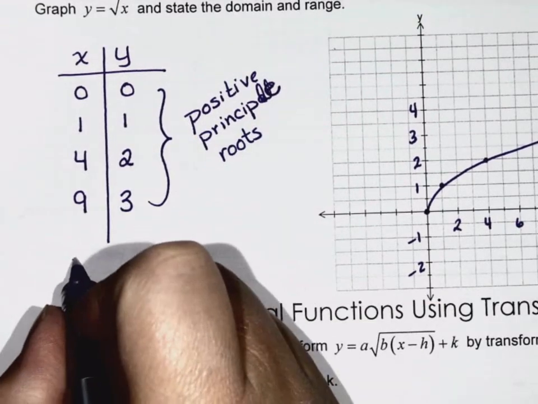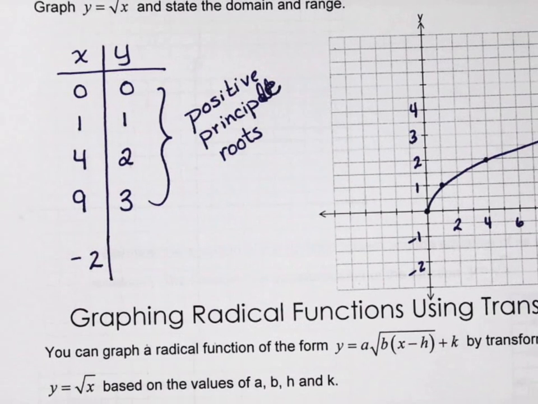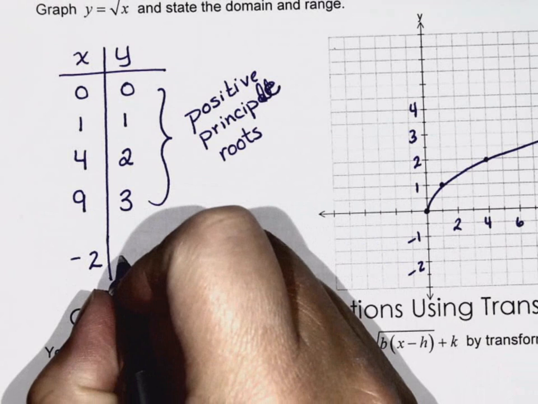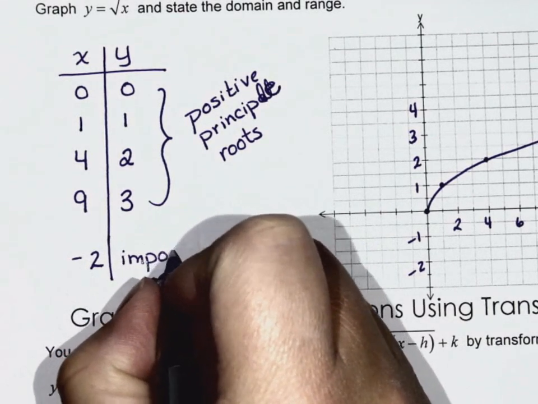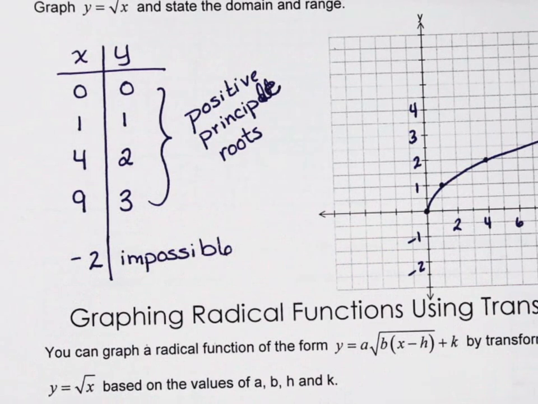Okay, let's try this. What's the square root of negative 2? Impossible. It's impossible. So that's why we have no negative x values, and that's why it starts at 0.